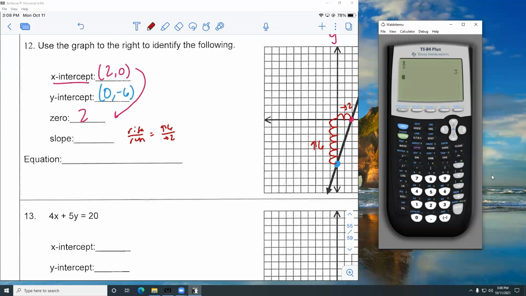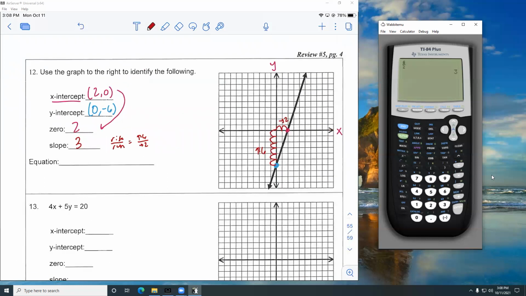And that gives me 3. So simplifying, I get a slope of 3. Okay. So for my equation, again, in y = mx + b form, m being slope, b being my y-intercept, I'm going to write this as y = 3x - 6 as my equation.